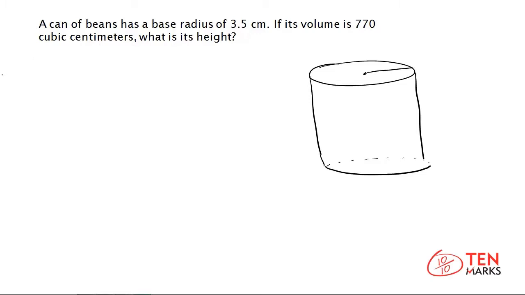All right, let's keep track of this information. So I like to draw on a little figure here. I've marked the radius of the base, and this has a value of 3.5 centimeters. Now you know the volume of this entire can is 770 cubic centimeters. So you need to remember the volume formula for a cylinder.